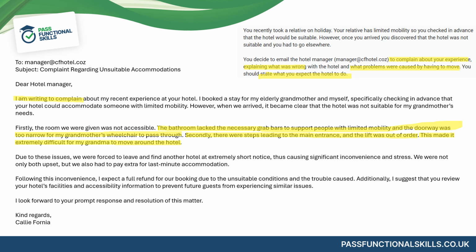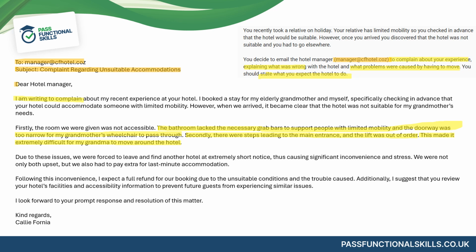In terms of the format, remember it's an email, so we've got our to-line. The email address was actually given to us in the question, so make sure you look out for that to see if you're given an address or an email address in questions that ask you to write letters and emails. Then we've got our subject, so this should summarise what our email is going to be about.